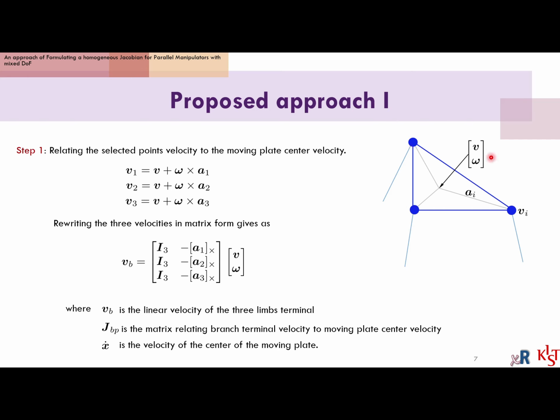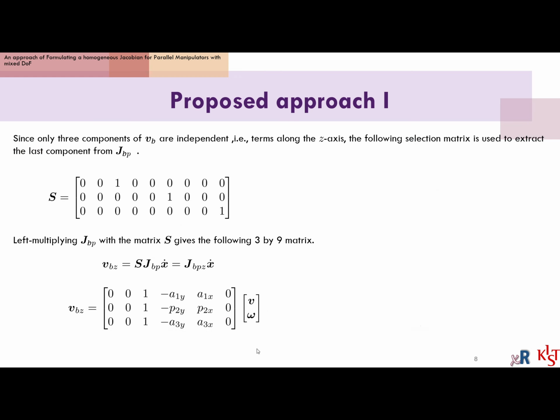Assuming that the manipulator has this kind of moving plate, the relationship between the moving plate velocity and the branch velocity can be described like this. By rewriting this equation in matrix form, we establish this simple relation, where VB is the linear velocity, JBP is the mapping matrix, and X dot is the velocity of the center of the moving plate.